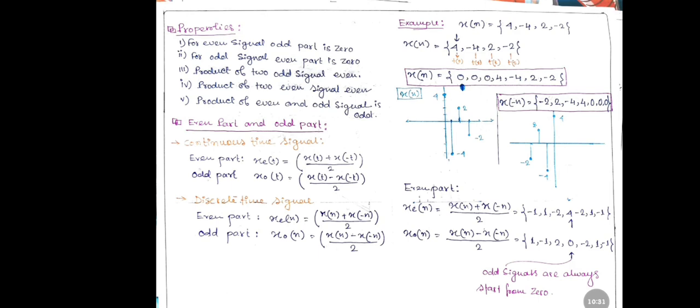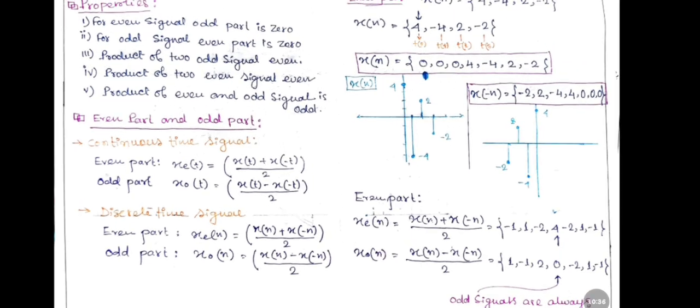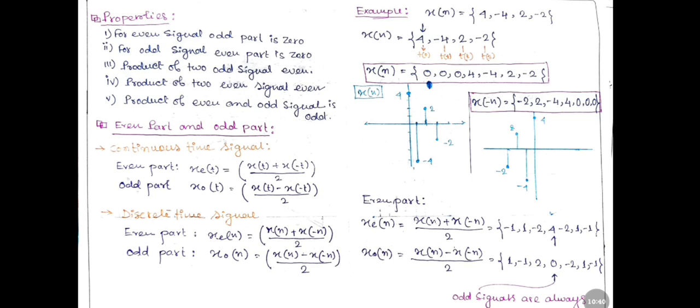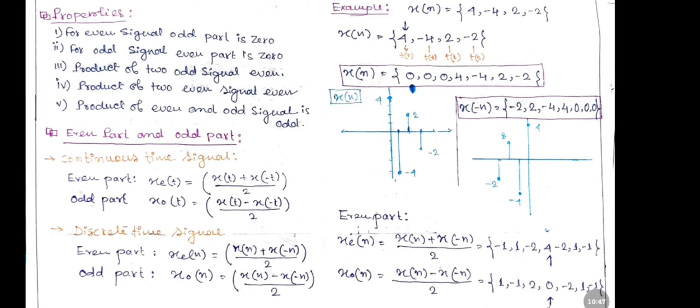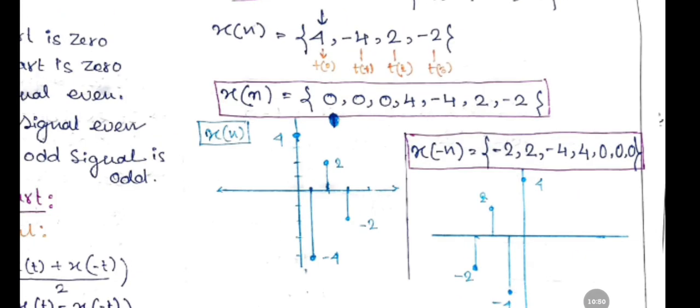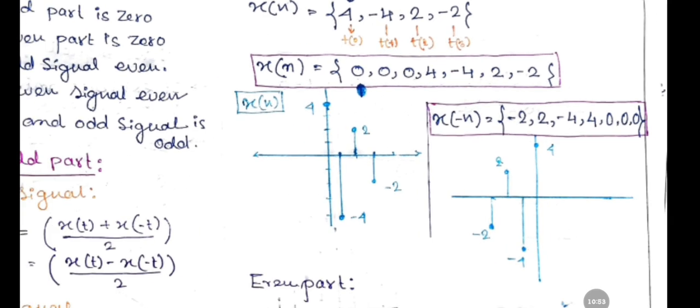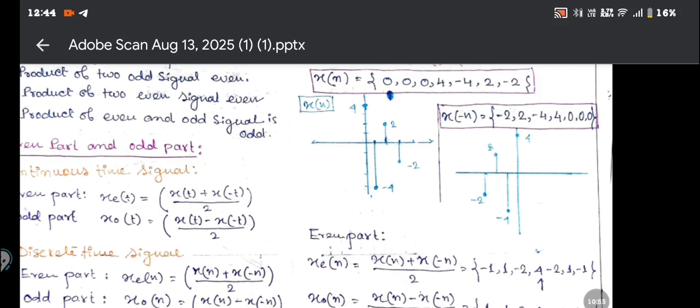Now let us take an example to understand the topic more clearly. x[n] is 4, 2, -2, starting from 4, with 0 before it, and thereafter we write the equation in this format. The graphical representation is this.